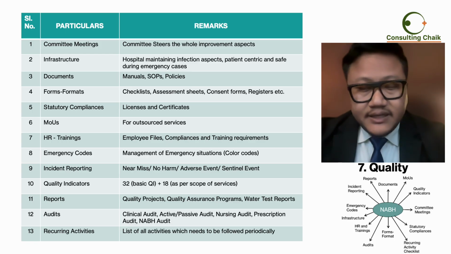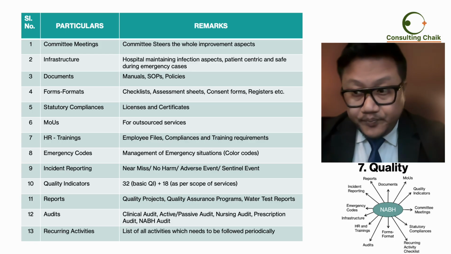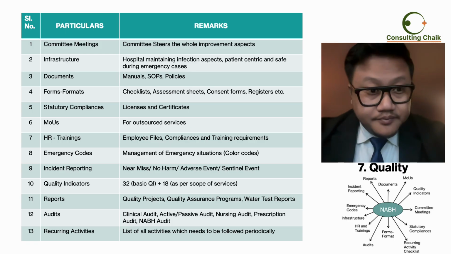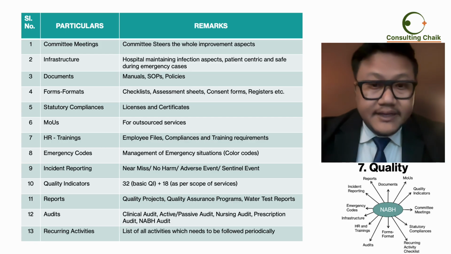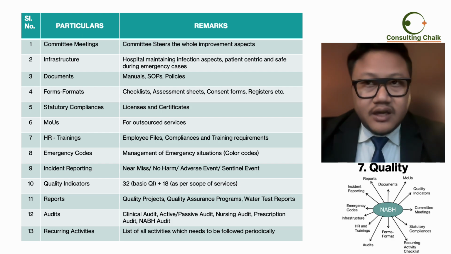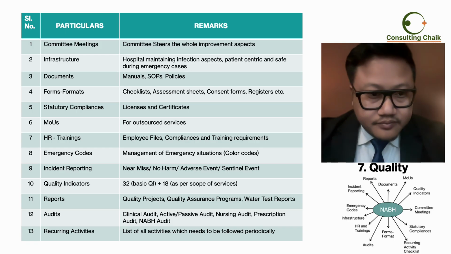Incident reporting is something that will actually improve your hospital. Near miss, no harm, adverse event, sentinel event. You can simply ask a hospital how many near miss incidents are reported. By that you will understand whether the actual quality has been implemented or not.